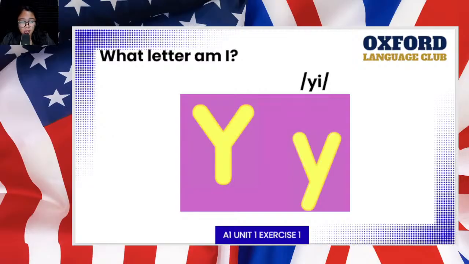What's the pronunciation of letter Y? Yi. Again, yi. So say it fast. Feel the middle of your tongue move up very high. You try to move your tongue high very, very quickly so that it sounds natural. Okay? That is letter Y.